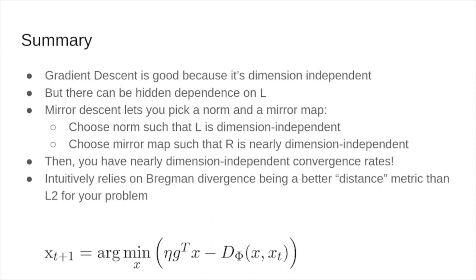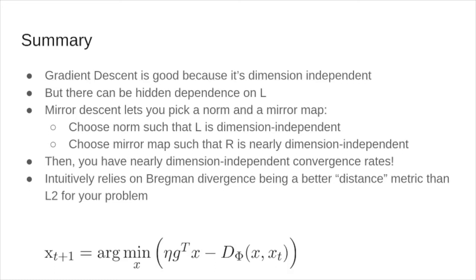So as a quick summary, we like gradient descent because it has dimension independent convergence guarantees. But that's only true if L has no dimension dependence, which is not always the case, even in pretty simple objective functions. Mirror descent lets you pick a norm and a mirror map, and you can choose your norm so that L is dimension independent, and you can choose your mirror map so that R is either dimension independent or nearly dimension independent.